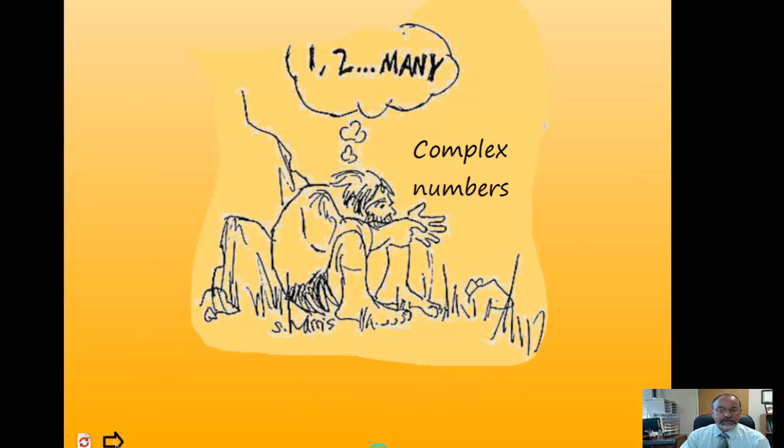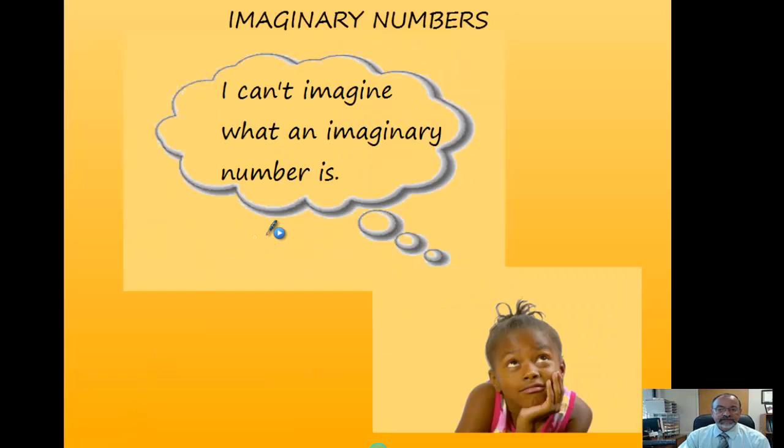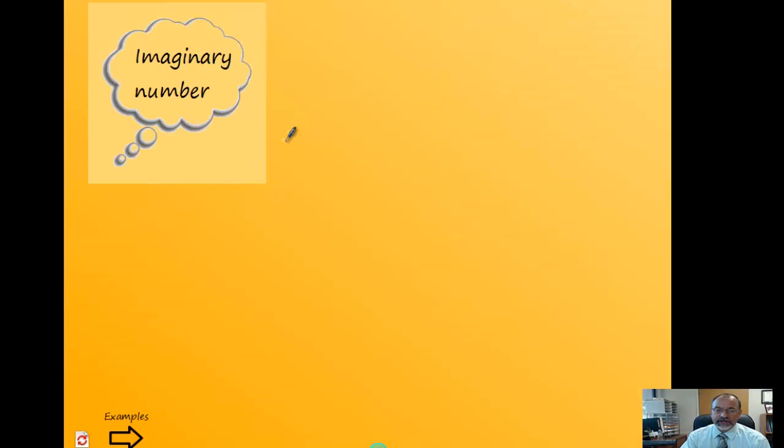Now, what would be an imaginary number then? What's the difference between a complex number and an imaginary number? Well, an imaginary number is a complex number that has no real part to it. So remember, standard form was a plus bi.